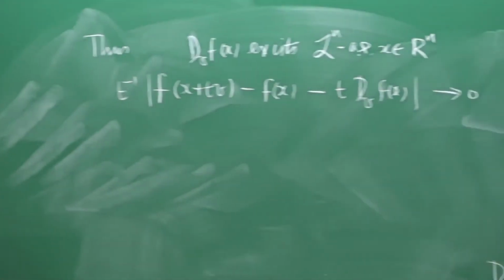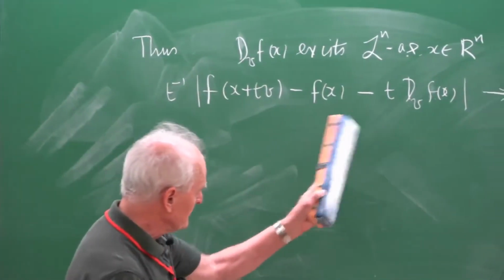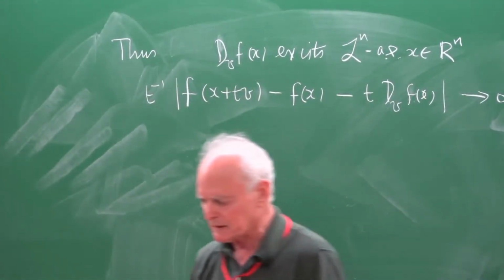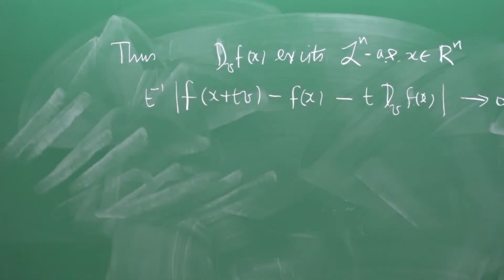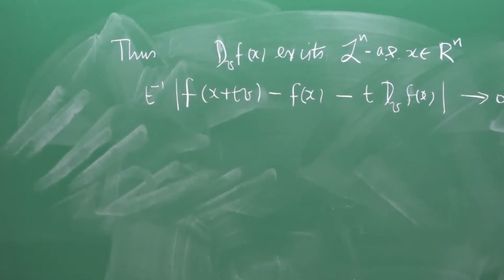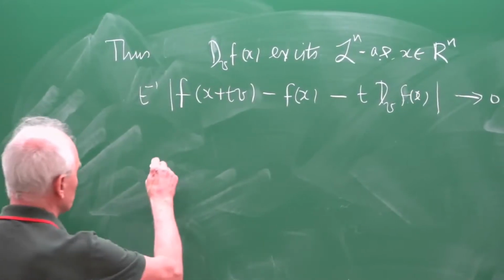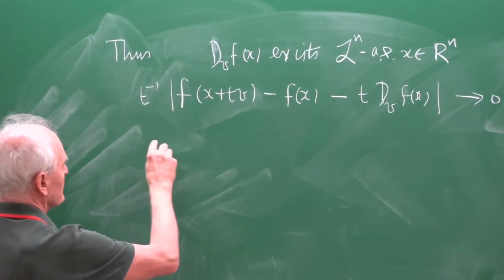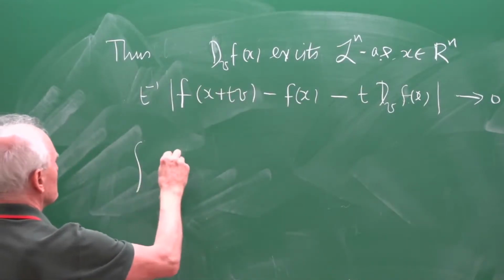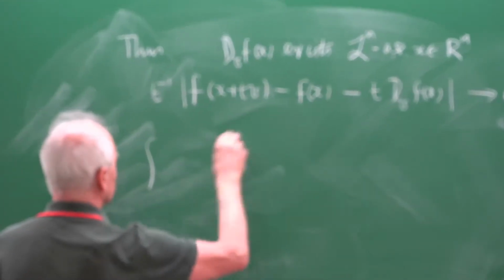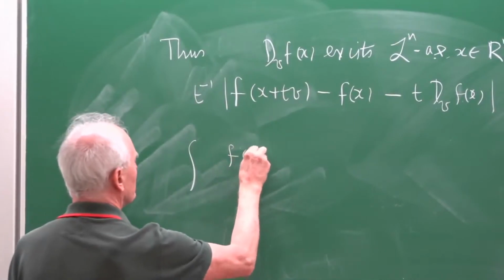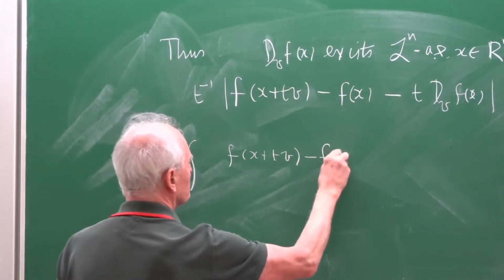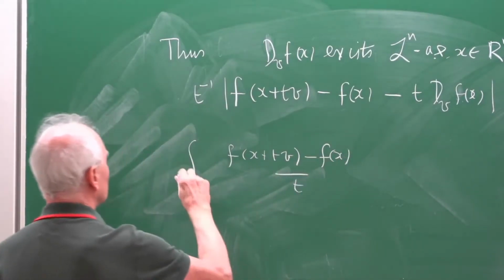Now before we do that, I want to come back to that in a minute, but there's one other tricky preliminary step to make now concerning these directional derivatives. Notice that, let's look at the difference quotient. So let's look at just this part. So f(x plus tv) minus f(x) over t.